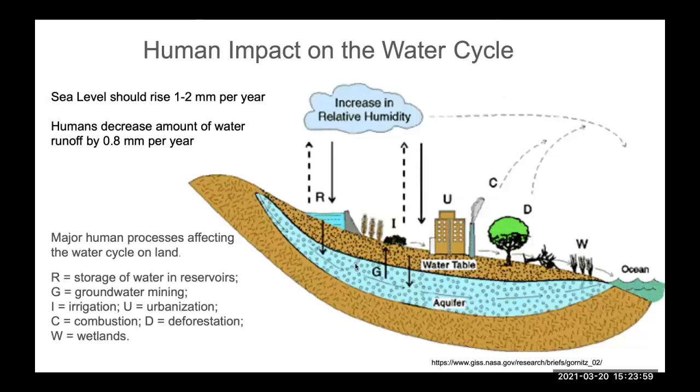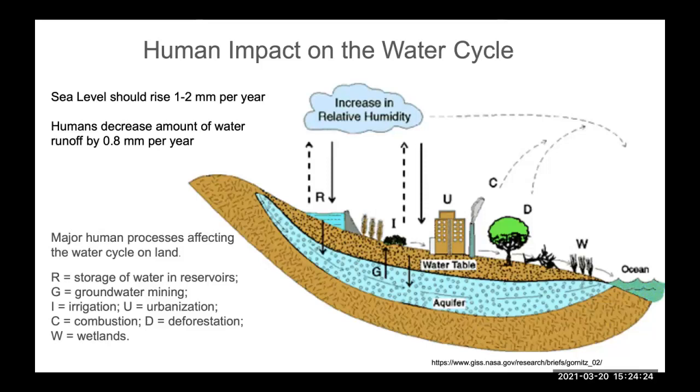The increase in relative humidity is having a huge effect on this as well. When we look at this diagram, we can see that R represents storage of water in reservoirs like dams or water towers or other stationary water conservation areas. G is the groundwater, which can be found underground when you're mining.